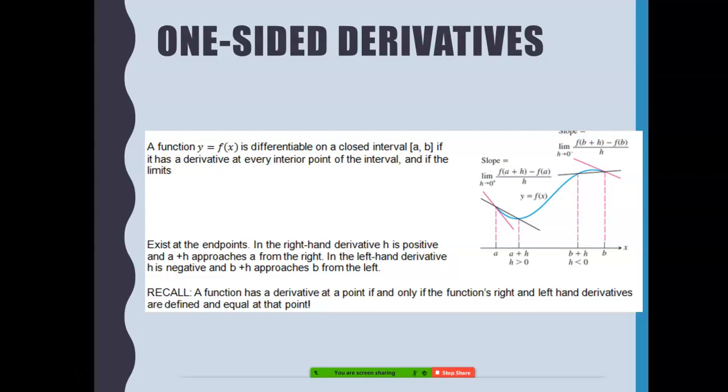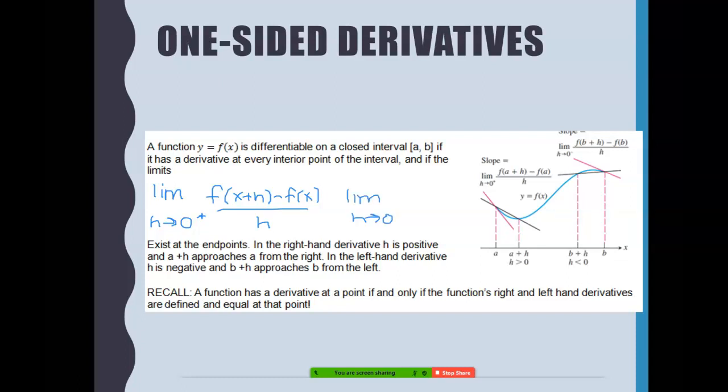So what that means is that the limit as h approaches 0 from the right, called the right-hand derivative, of f of x plus h minus f of x all over h equals, or is the same as, the limit as h approaches 0 from the left of f of x plus h minus f of x all over h, where in the case of the drawing we have here, since the interval is a to b, the b is going to be the value over here.